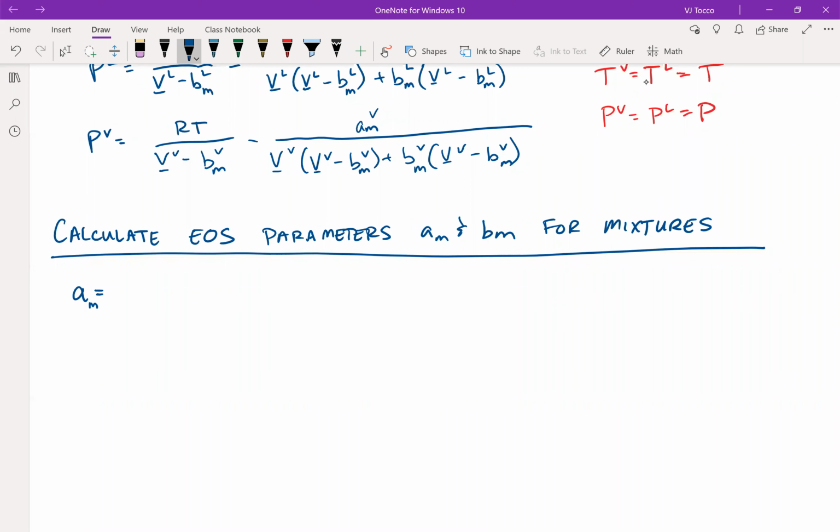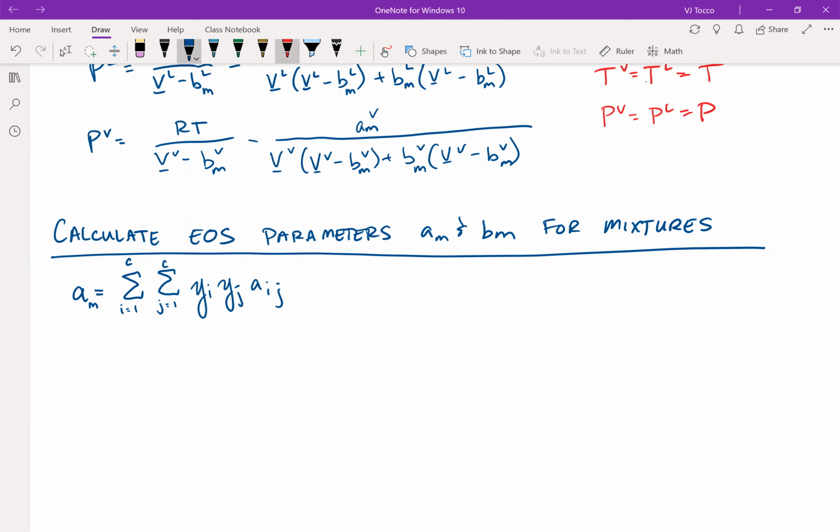The more general form of this equation is sigma from i equals 1 to the number of components that you have, sigma from j equals 1 to the number of components that you have, yi yj Aij, not alpha.